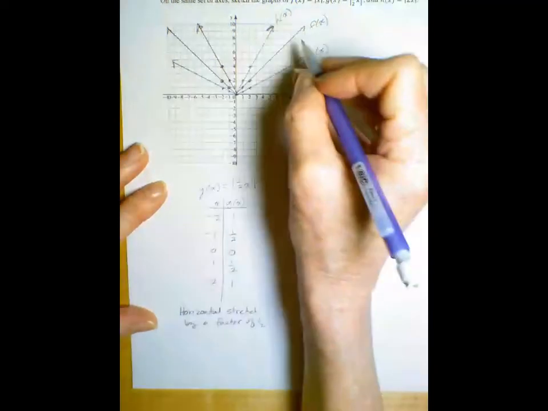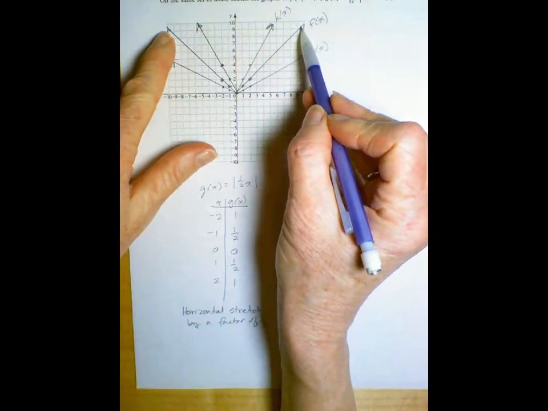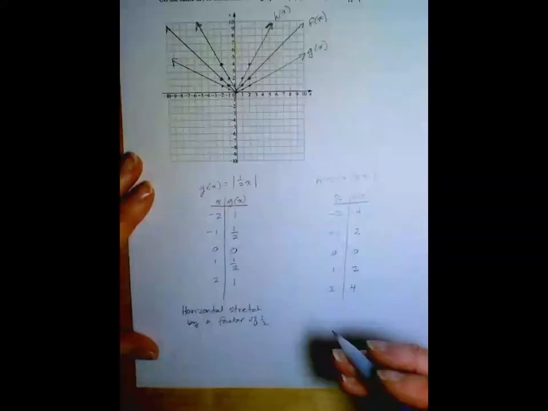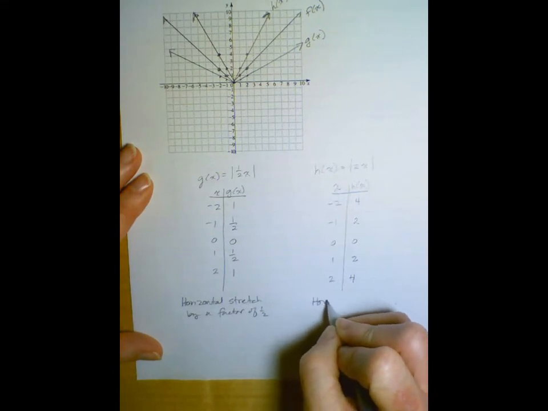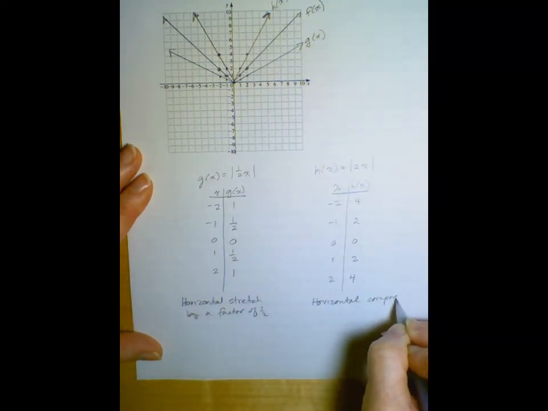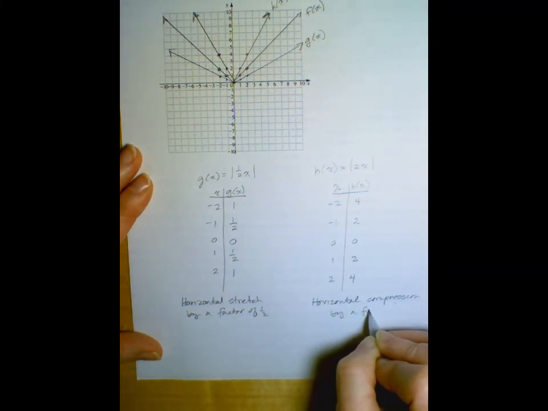And then now to get h of x, you're not pulling horizontally, you would be compressing. You'd take your f of x and push it this way, compressing it in, and you would end up with your h of x. So this is a horizontal compression by a factor of 2.